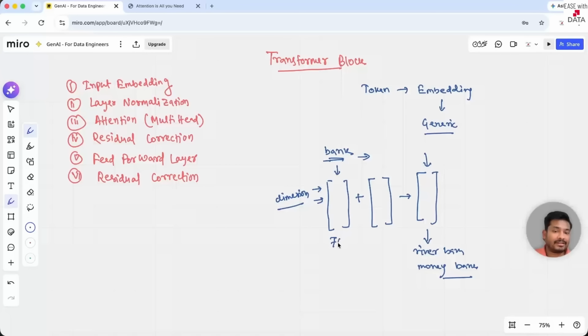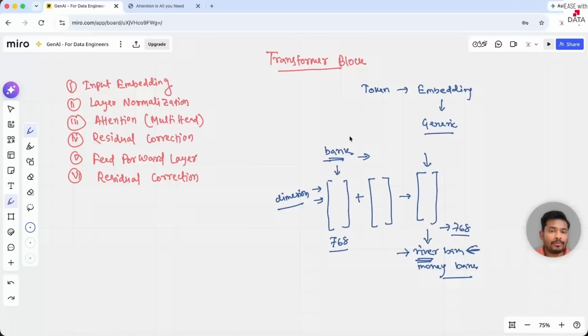Earlier it was 768 for GPT-2, so the output will still be 768, but now it is more rich, so it would be pointing in a different direction, towards river bank or money bank, depending on the statement or the context that we provide. In our example, we lost our phone on the river bank. So now this embedding for bank would point towards river bank. So this is how this whole thing works.